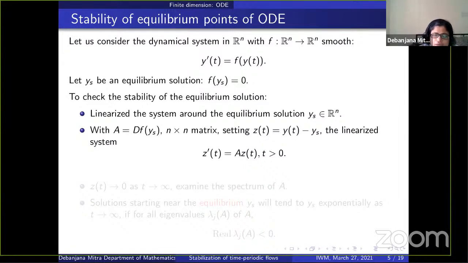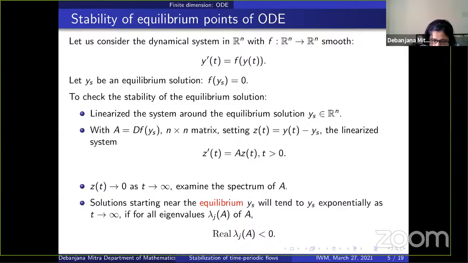If we want to study when y(t) goes to y_s, equivalently we want to study whether z(t) goes to 0 as t goes to infinity or not. It is well understood and well known that this happens if and only if all the eigenvalues of the matrix A have negative real part.